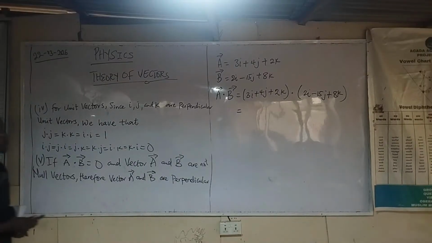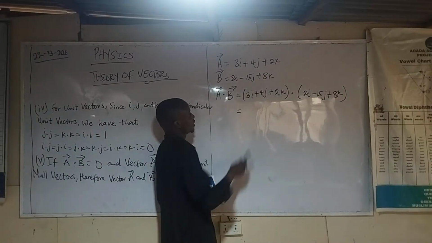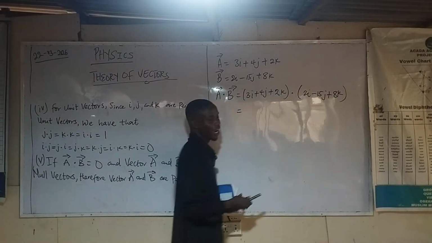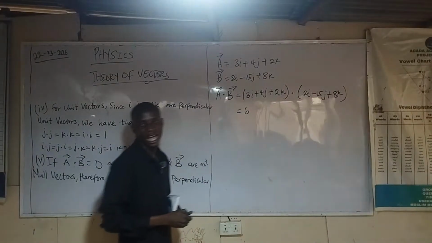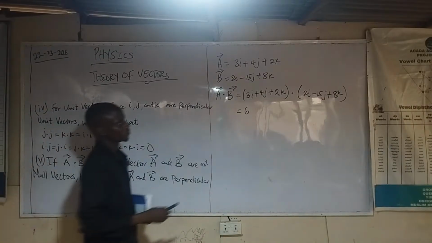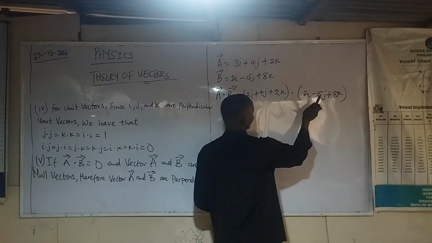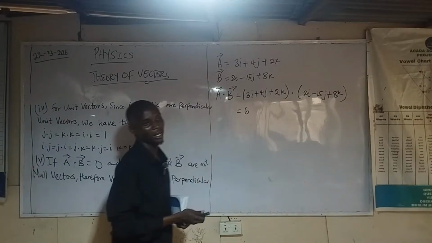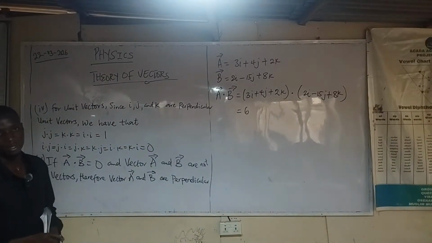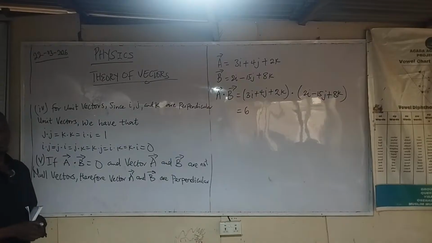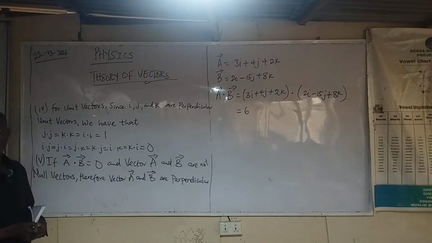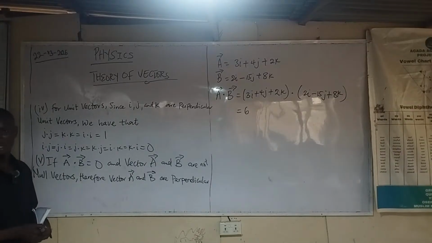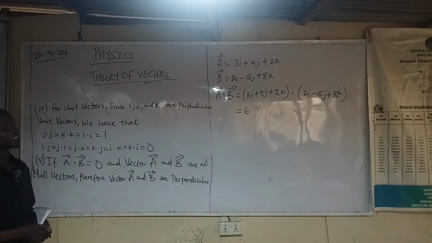3i times 2i, we have 6. I times i is 1. 3i times minus 15j, what do we have?